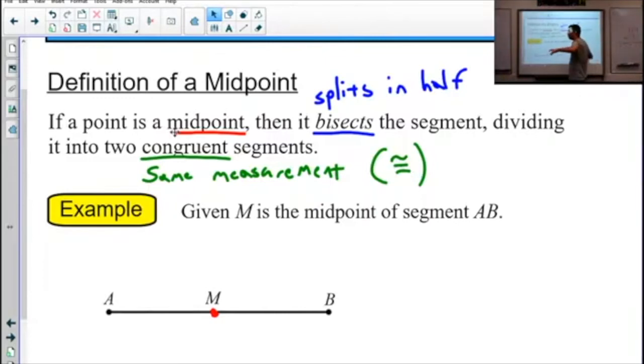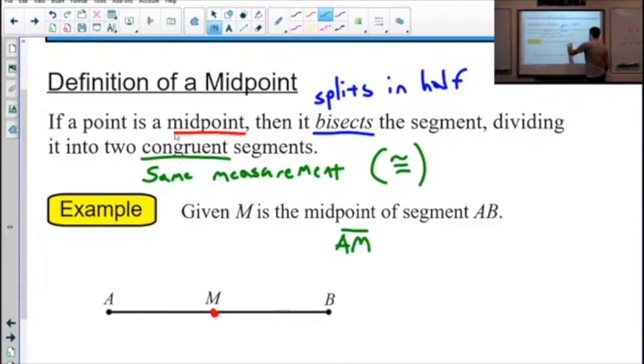And so to put all that together, we can say that if we have a midpoint, that the two pieces are congruent. So we're going to say segment A to M is congruent to segment M to B. Because remember, if we have a segment, we put a little bar at the top.